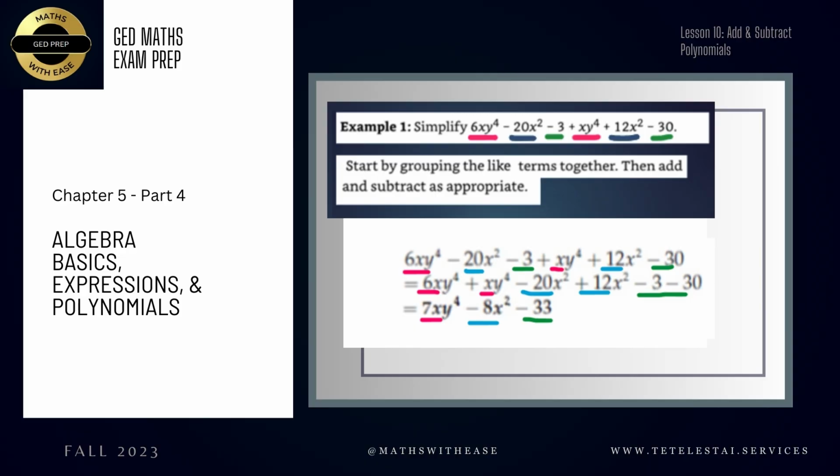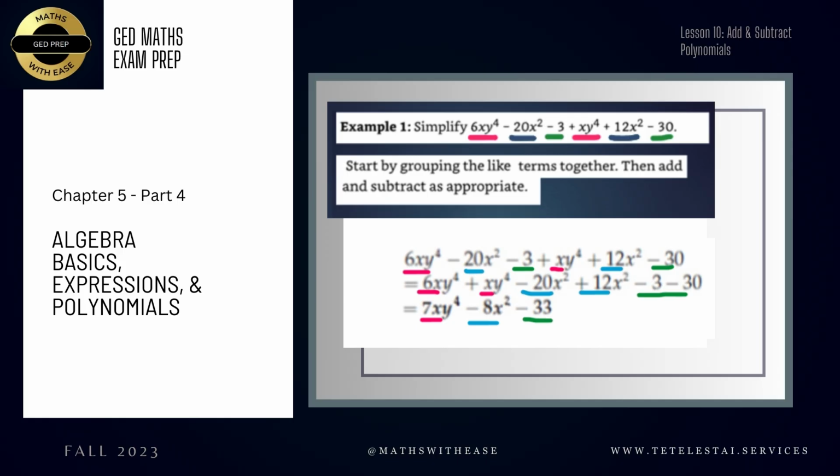I've gone in with a digital marker and grouped our like terms. We have 6xy^4 and a positive xy^4, right? So when we add those two together, we have 7xy^4.